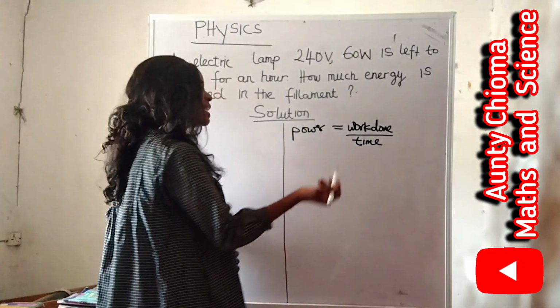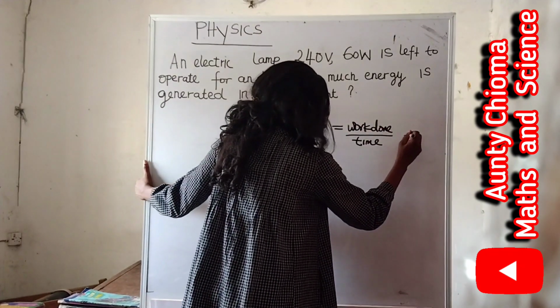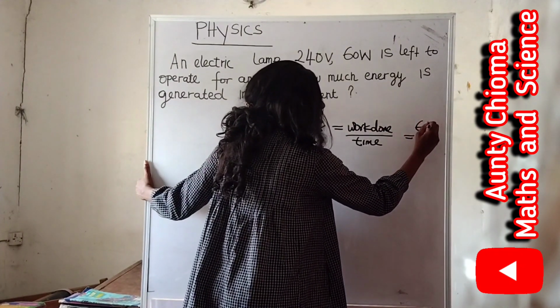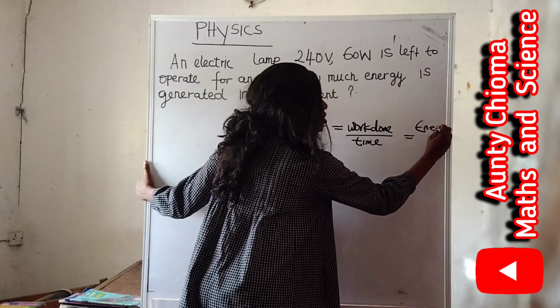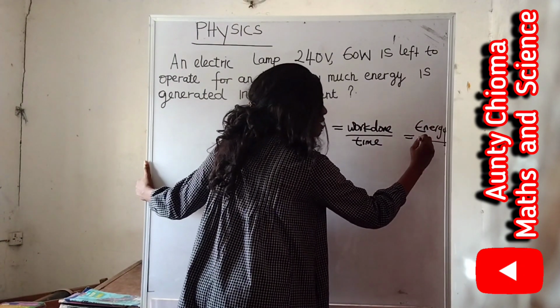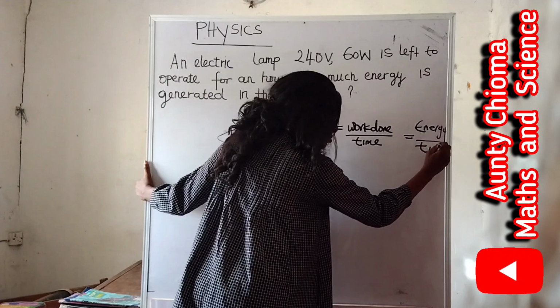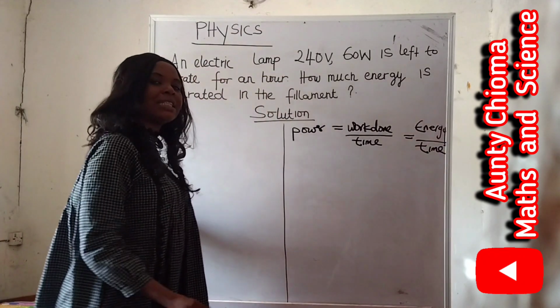I will simply say that power is equal to the same thing, energy. Energy is equivalent to work done. Energy over time taken to expend the energy.